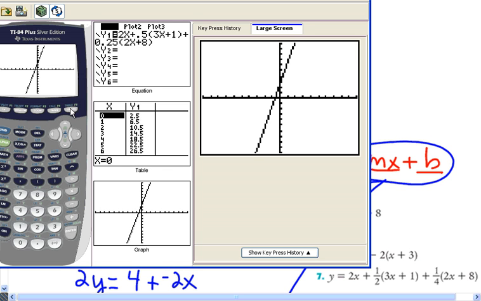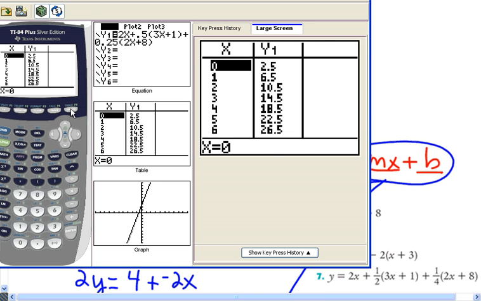But since we need some information that you can more readily see on the table, anyway, let's go to the table. And from the table, we can see that the y-intercept is 2.5. There it is. That's the value when x is 0. And it's going up by 4 every time. So that means the slope is 4.